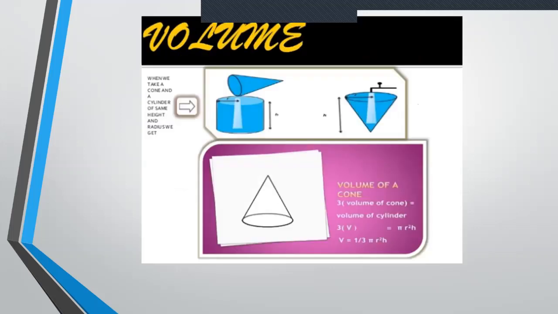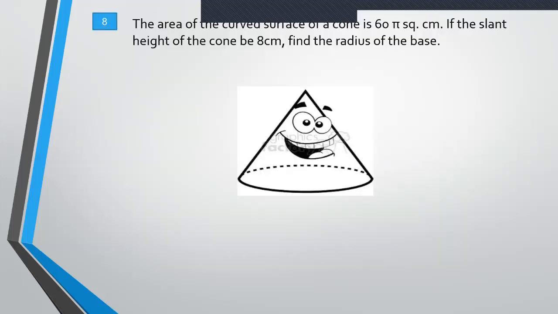And finally, volume of a cone is 1 upon 3 pi R square H. Chalo, start. The area of the curved surface of a cone is 60 pi centimeter square. Pi is there, don't disturb it. Curved surface area is given.